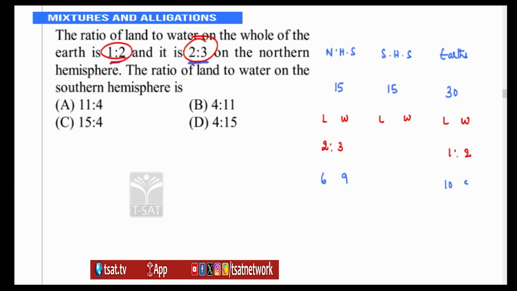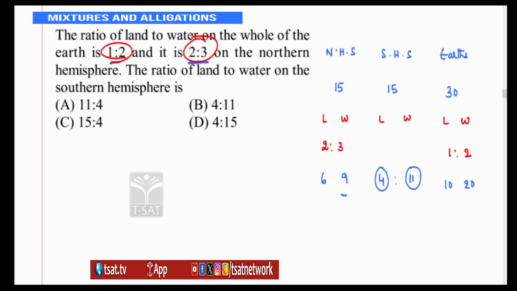Therefore 10, 20. I would say 6 plus something must be 10, because whole land is 10. On the northern hemisphere it is 6. 6 plus how much is 10? 4. 9 plus how much is 20? 9 plus 11 is 20. Therefore, on the southern hemisphere, the land and water ratio is 4:11.